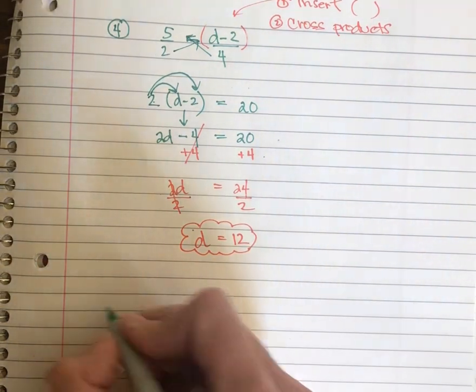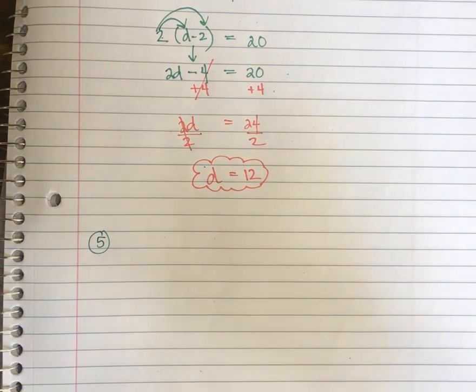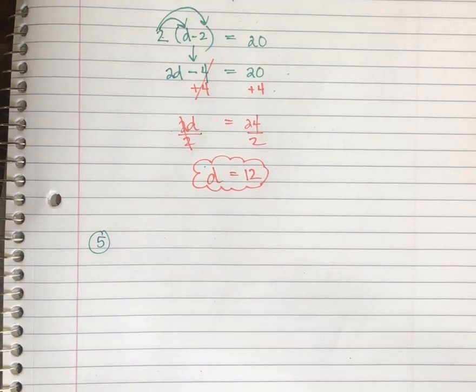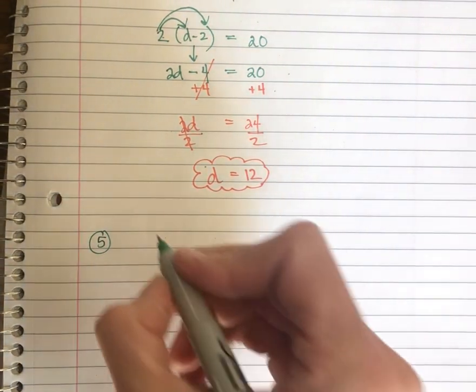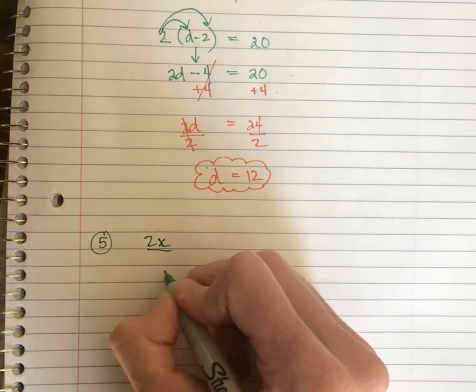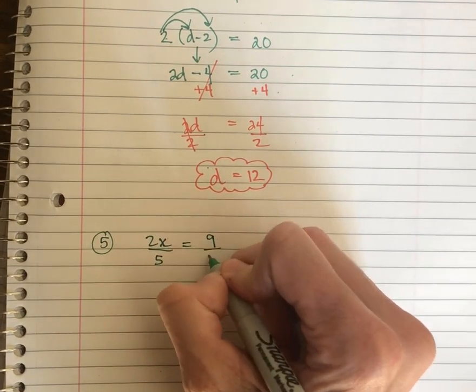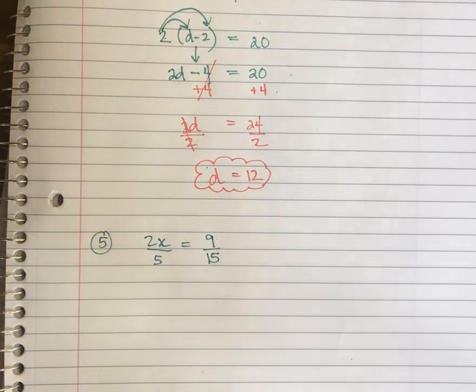Okay, number 5. Let's do 2x over 5 equals 9 over 15.